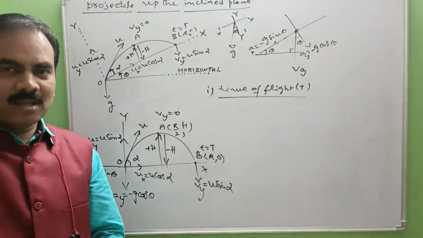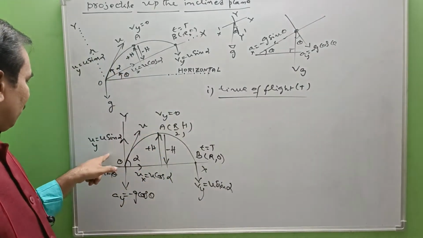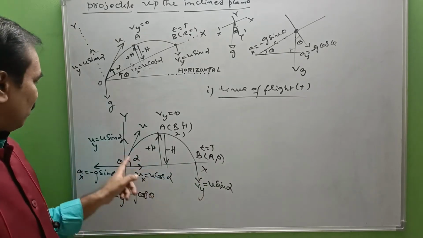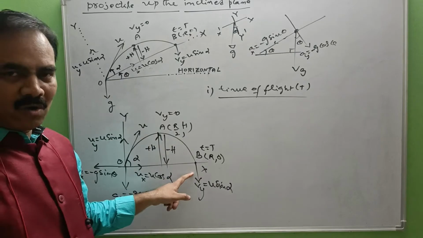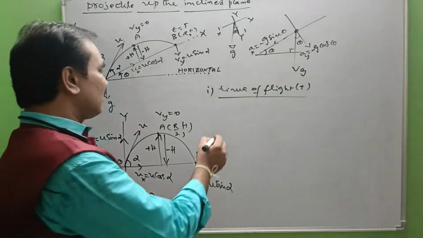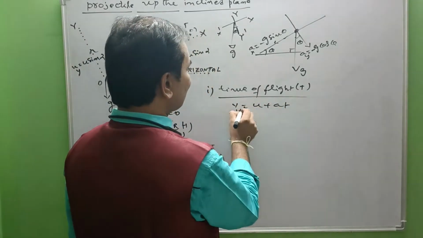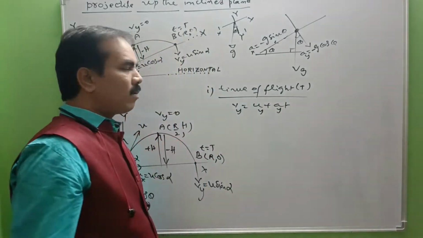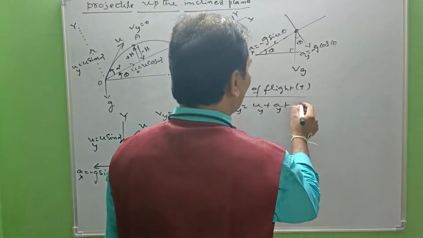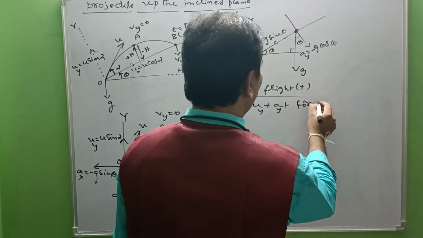So I'm going to consider v equal to u plus at along the y-axis. See here, Uy equal to u sin alpha. Here, Vy equal to u sin alpha. But here it is upwards, here it is downwards. So if I take the same expression v equal to u plus at along the y-axis, Vy equal to Uy plus Ay t, for the entire flight, for the entire motion.